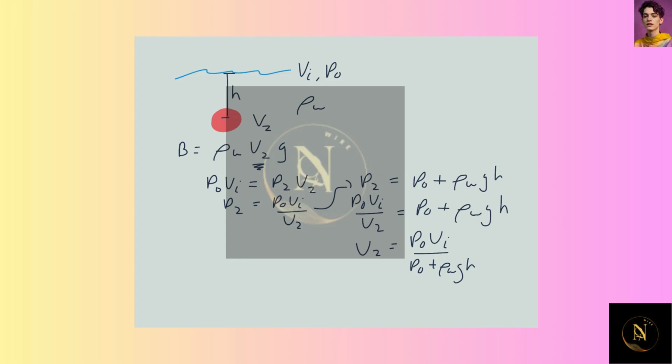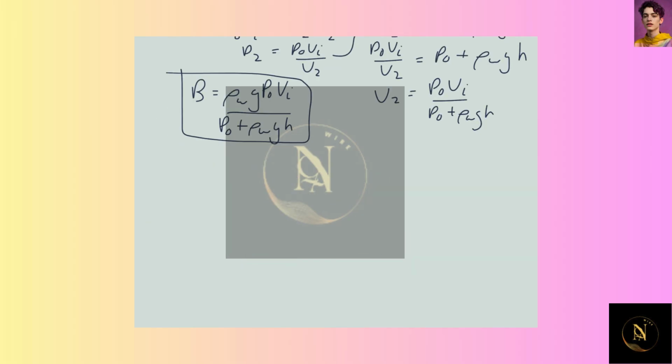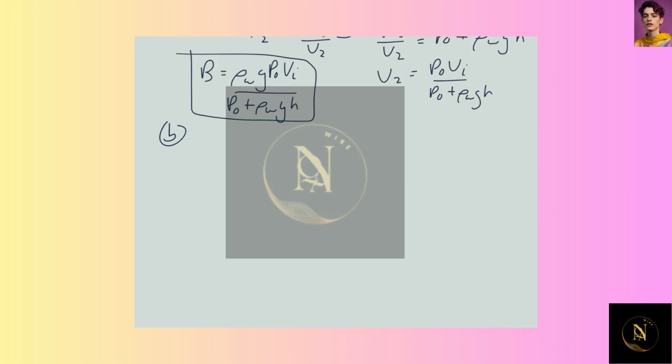So now we can return to our buoyancy equation. So plug in for V2. So we'll get buoyancy equal to rho W g P naught V1 over P naught plus rho W g h. And that's for A. Now for B, as the depth decreases, what does buoyancy do?